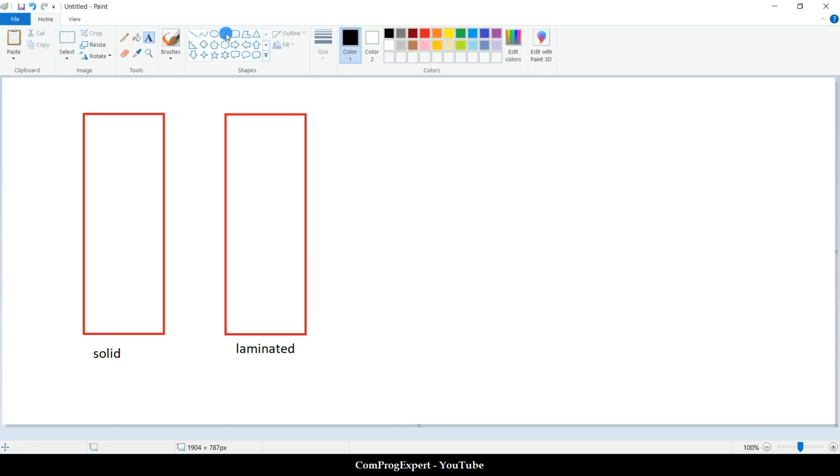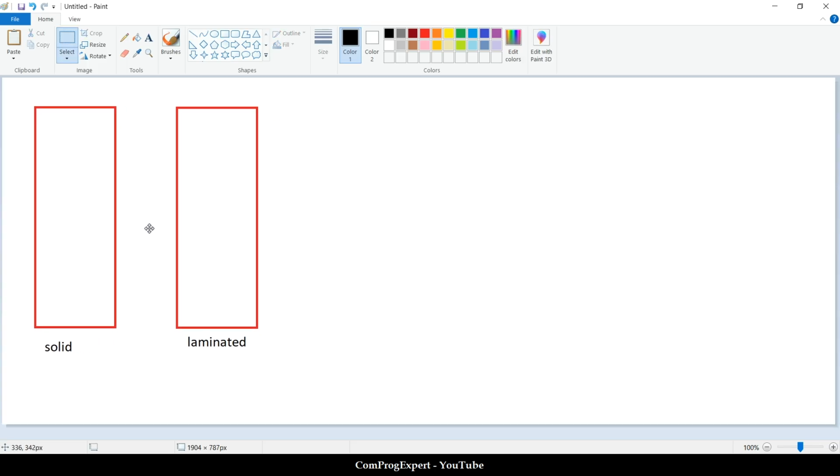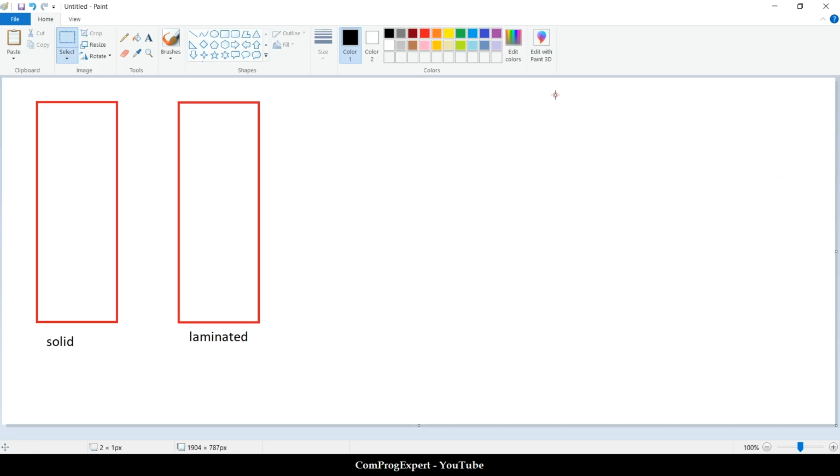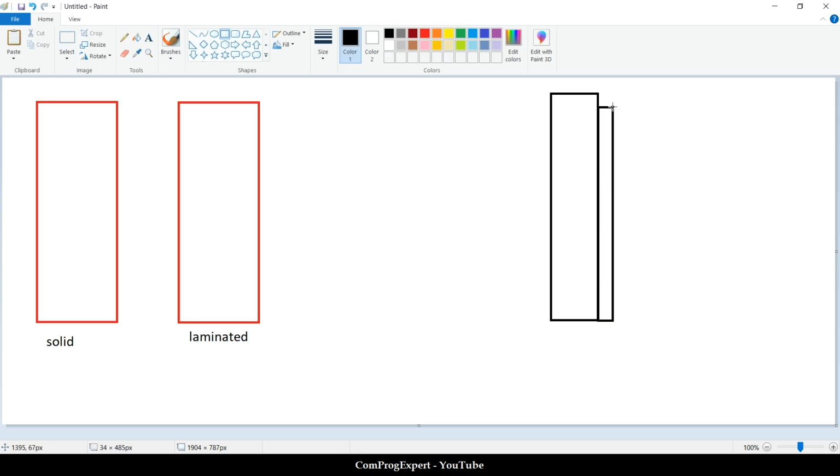For laminated electric steels, we can have these two types. This is a laminated electric steel with coating on one side. Suppose this is one electric steel sheet.